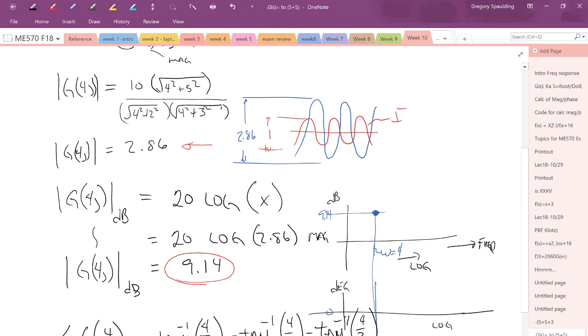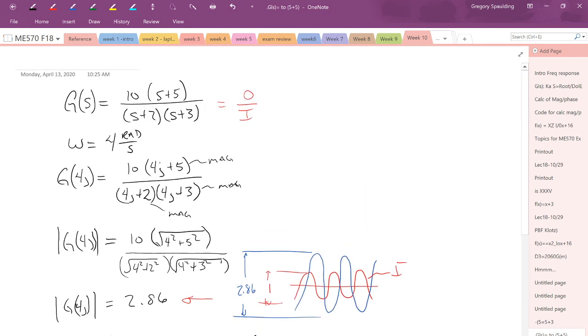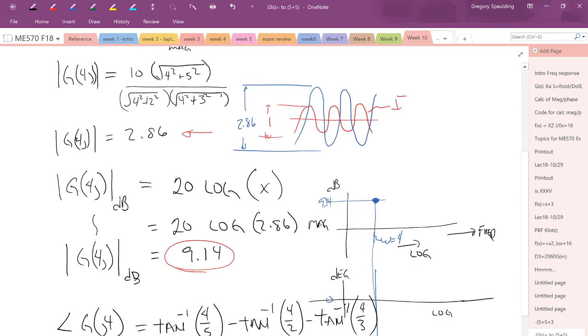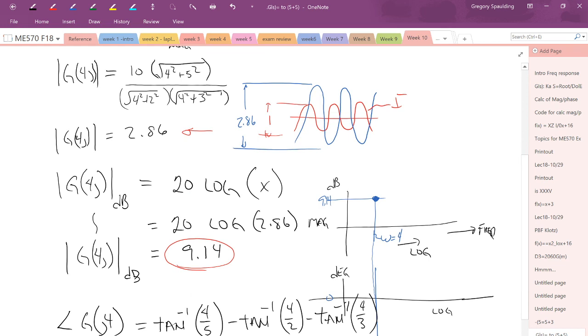Okay, so that's how we run through and calculate the magnitude and the phase of a transfer function for a specific frequency, and we want to make sure the phase is in degrees, and with that we could plot 2 points.